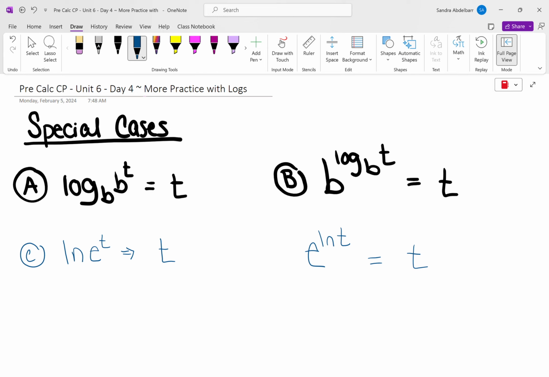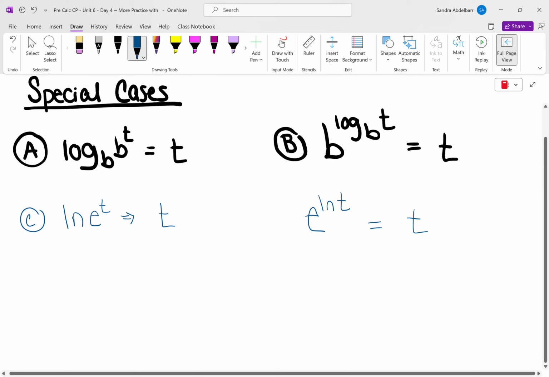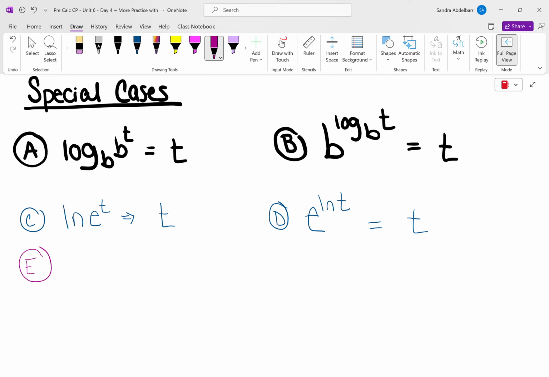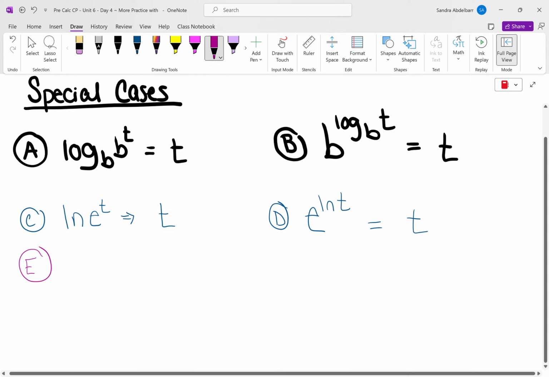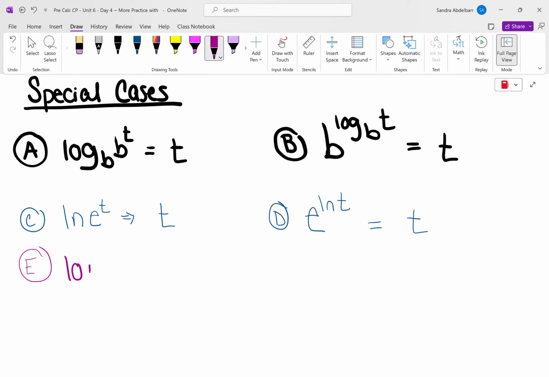All right, two more rules that we've been doing, we just haven't actually declared them as rules. The next one's going to be log base b of b equals 1. And I'll show you what I mean by that.